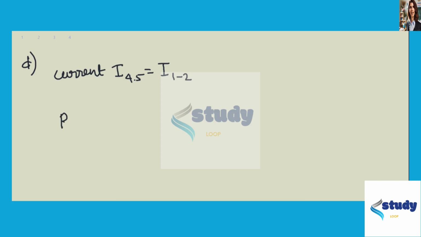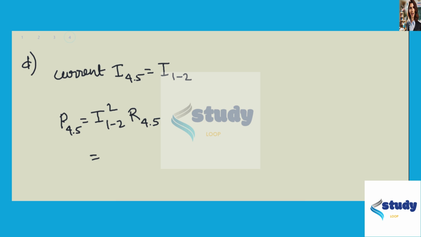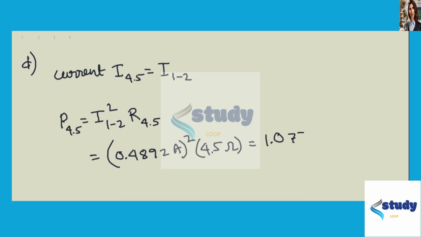And we know that power is basically I squared times R. So we plug in the values, 0.4892 amps squared times 4.5 ohms, and that gives us the power as 1.077 watts.